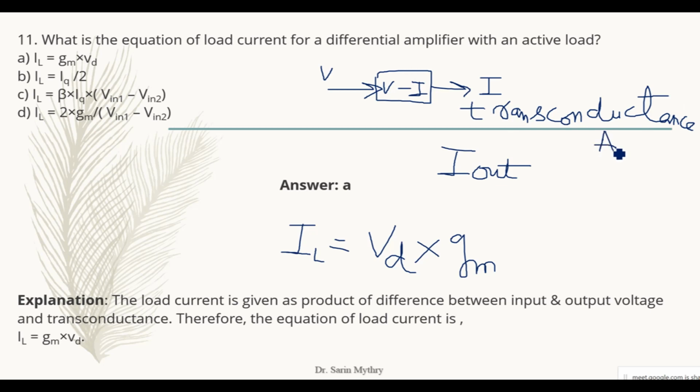We call them transimpedance or transresistance.